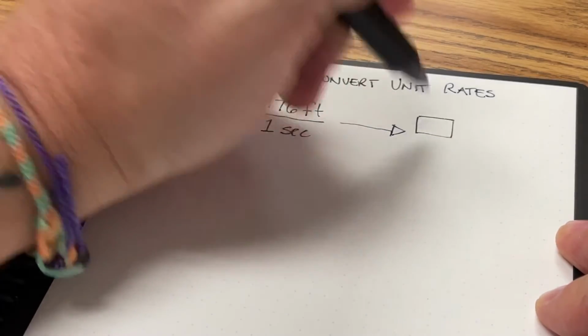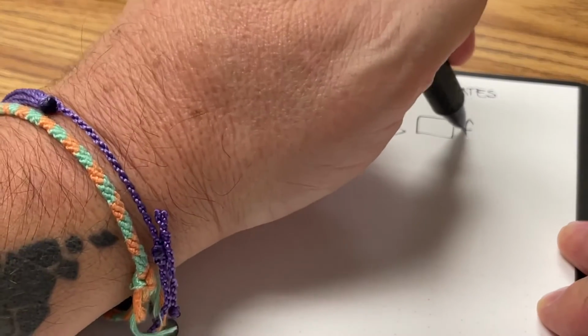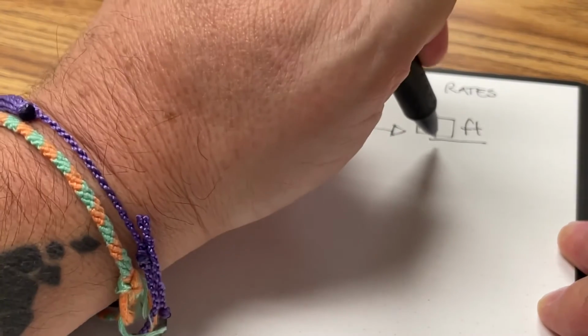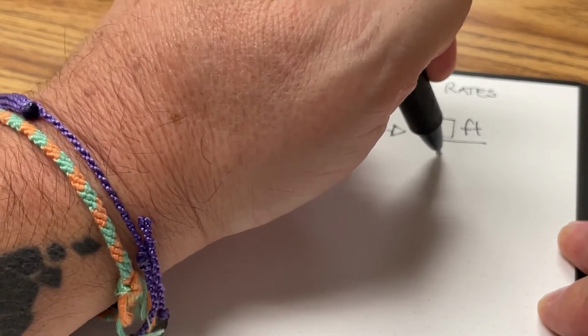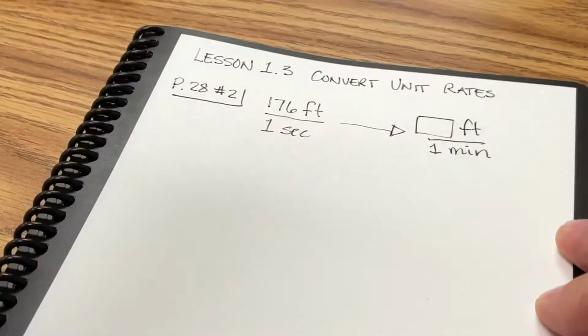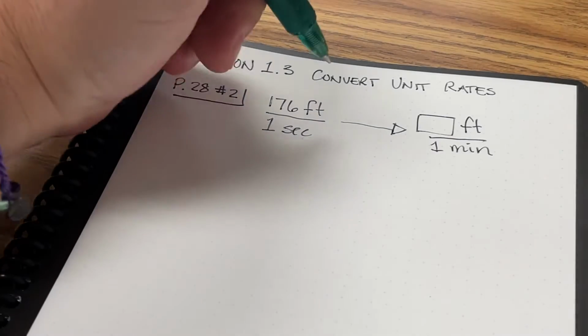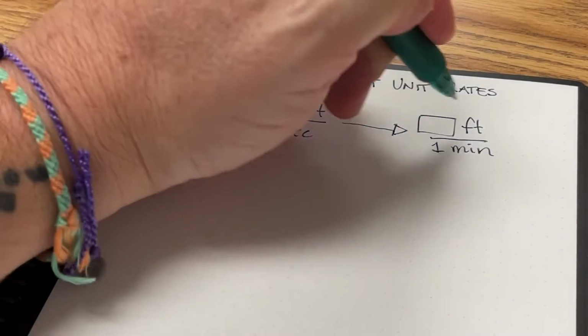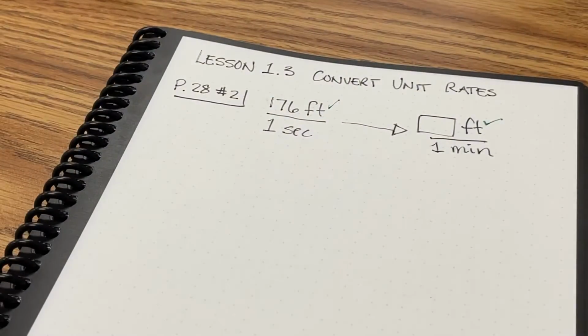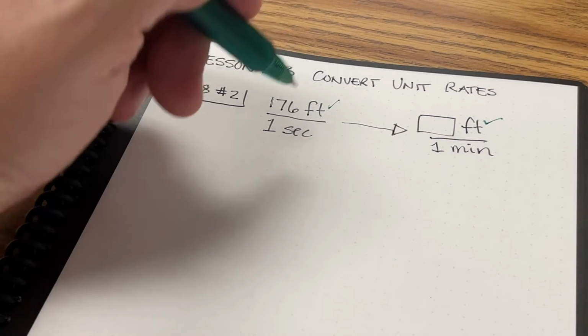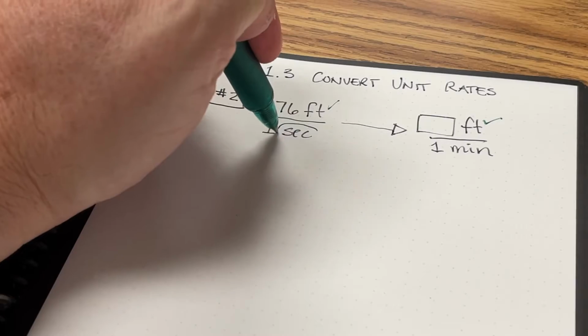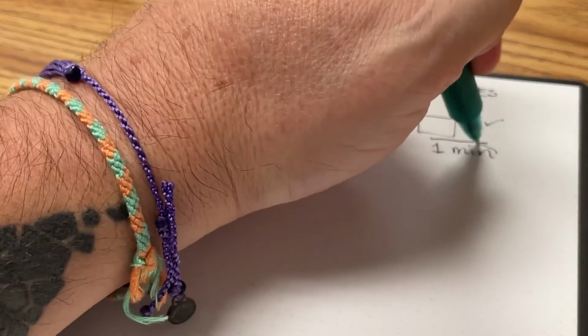So I don't know what that number is going to be, but I do know that my units are going to be feet per 1 minute. Now, the good news is I already have my units of feet taken care of, so I don't have to do anything with that. I've just got to convert seconds to minutes.